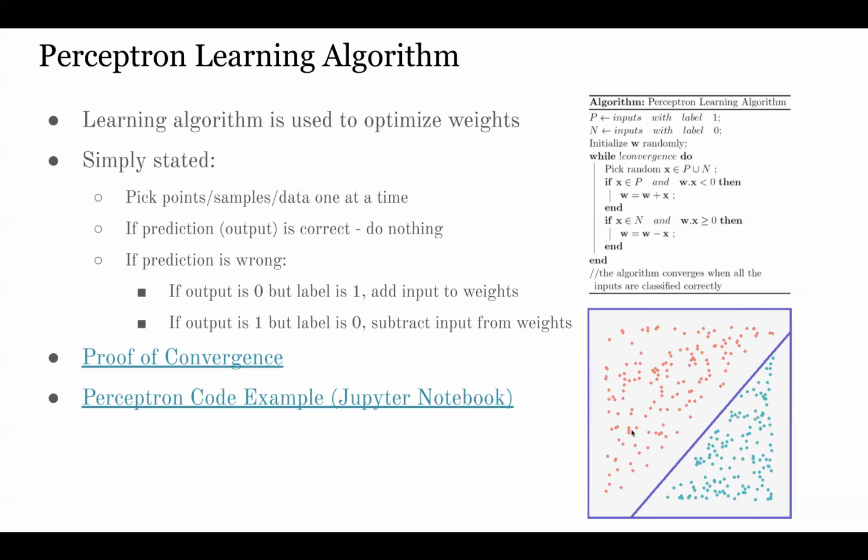In this GIF here, each dot is an input example. It is not the weights, right? These are not the weights. So the weights aren't shown here, but each dot is an input example. And when I say input example, it could be multiple numbers, because each input example has multiple features.